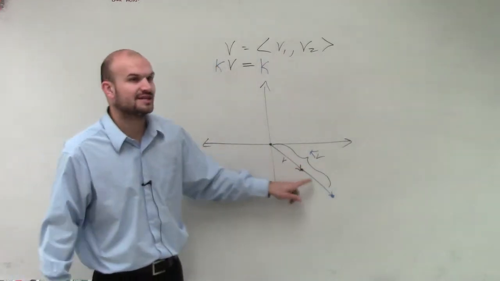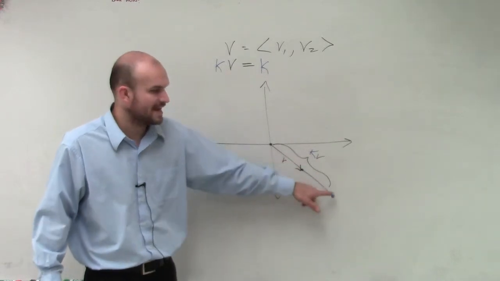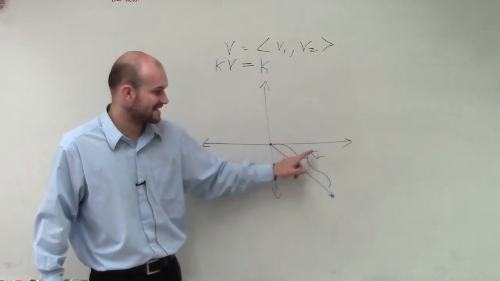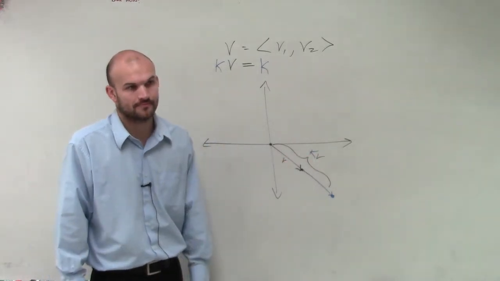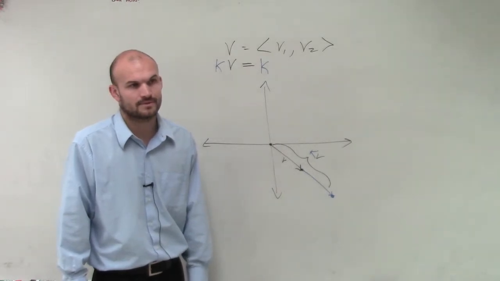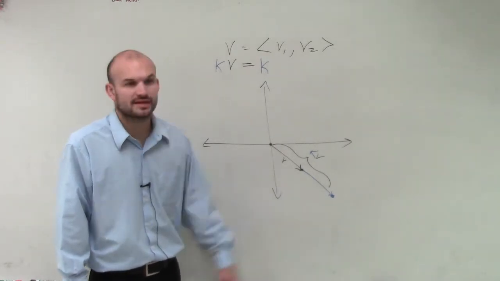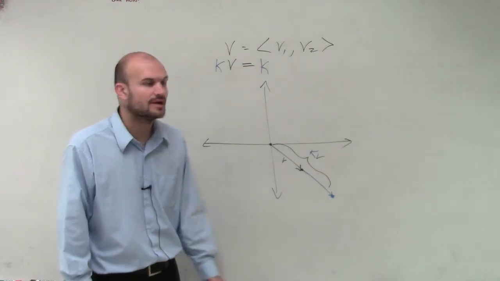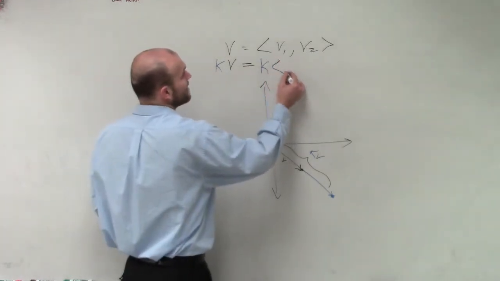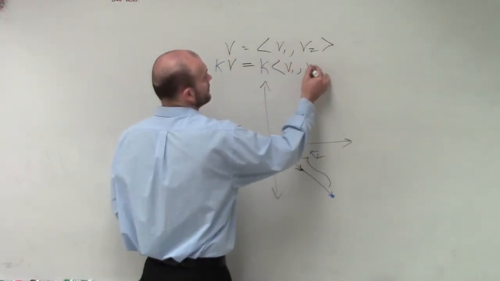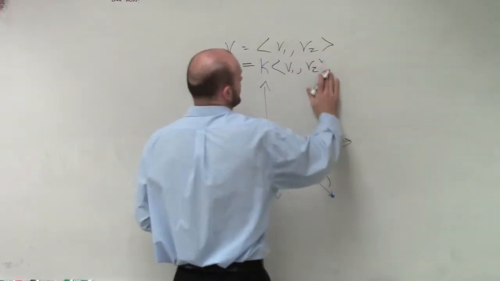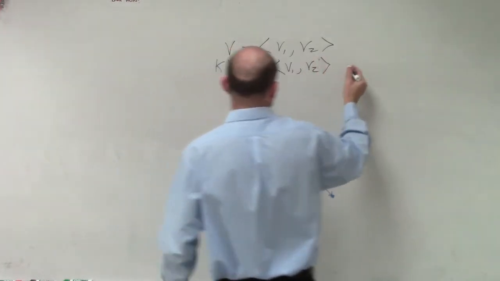What I've done is doubled it, so this whole new vector is my scalar times v. In this case, it's 2 times v. I haven't used any numbers yet, but you could probably estimate that k is equal to 2.